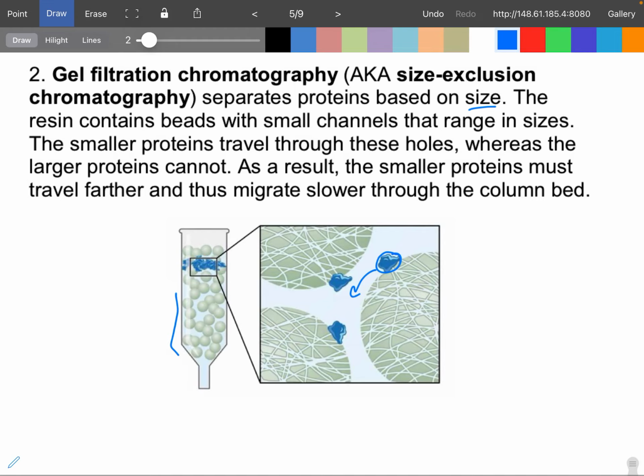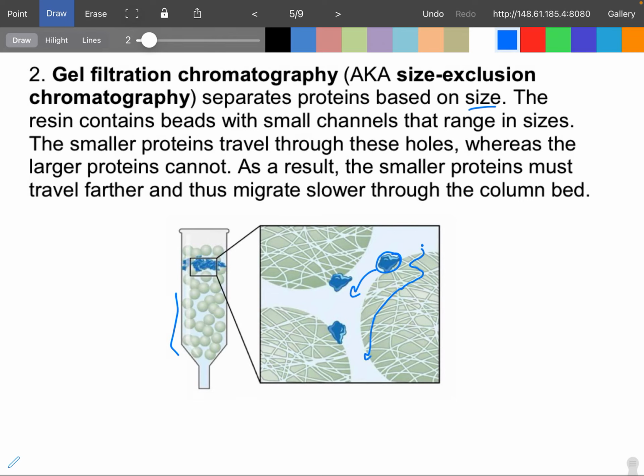But the beads have these channels through them, these very small channels, and so the big proteins can't enter that. However, if we have a very small protein, let's say, this could then enter these channels and go through the beads, and it would experience a greater volume as a result.